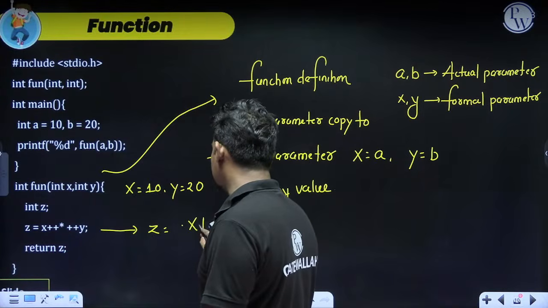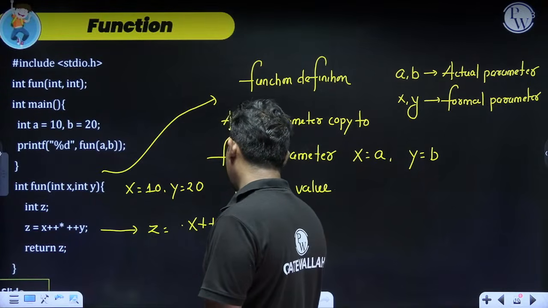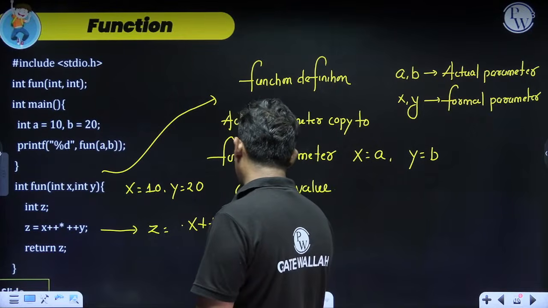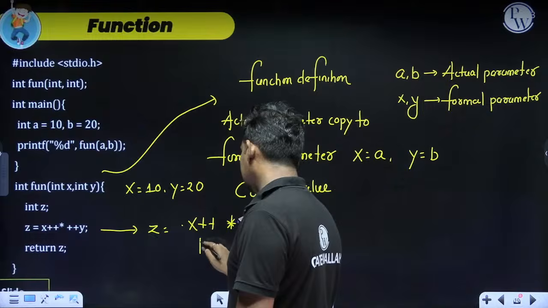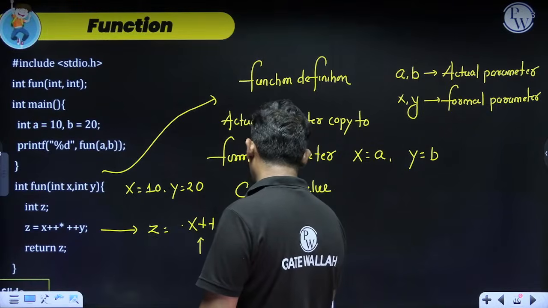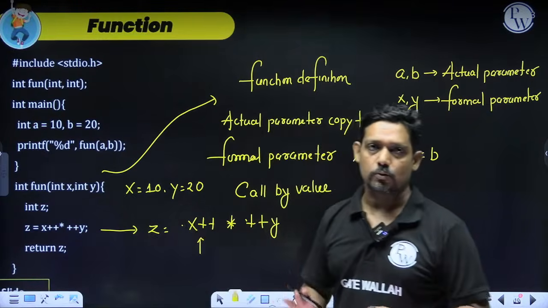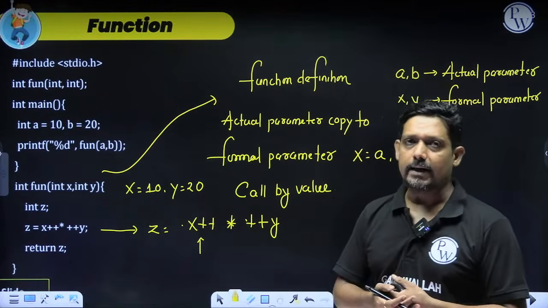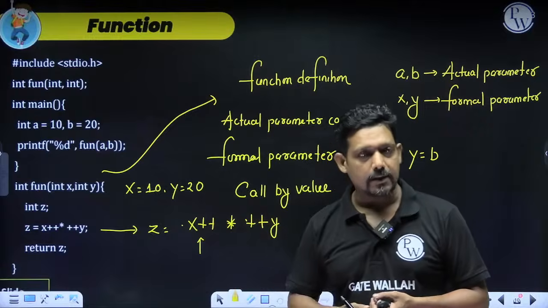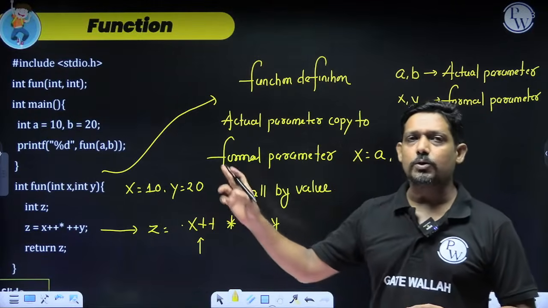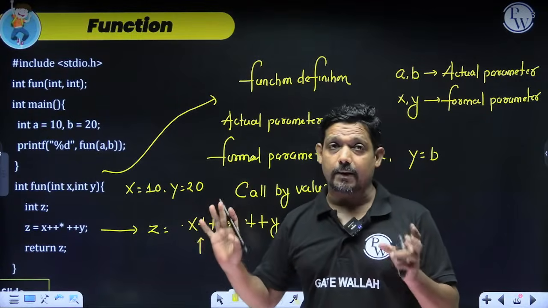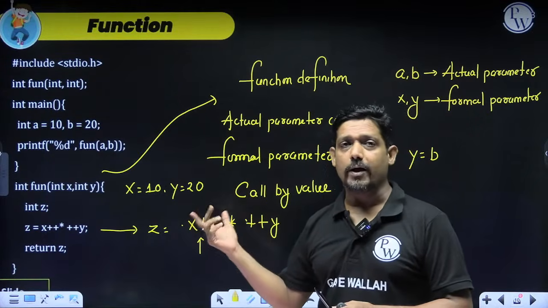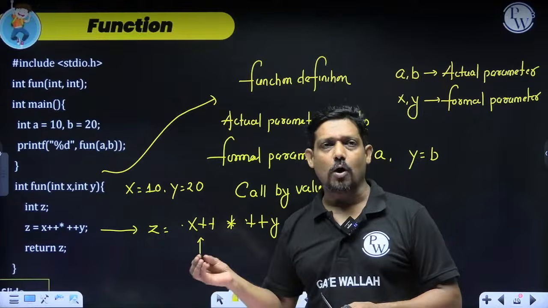What value of x will I use? What value of y will I use? If you understand the post and pre decrement and increment operators, here increment is there. x will be incremented, but what value will I use, old or new?